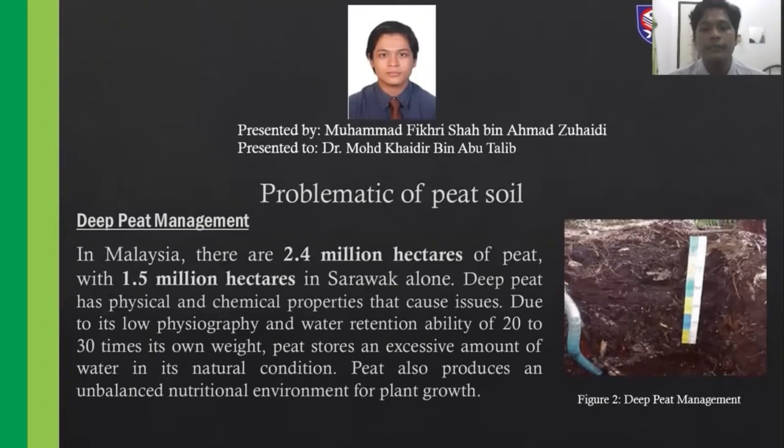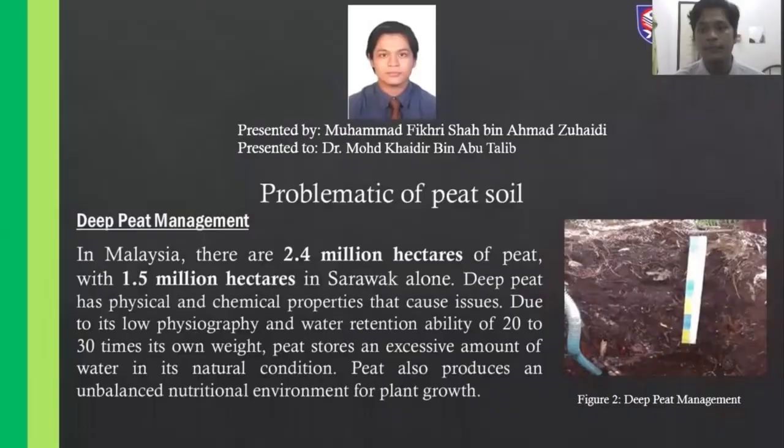Peat stores an excessive amount of water in its natural condition. It also produces an unbalanced nutritional environment for plant growth. This peat soil contains many problems, with low physiography and low water retention ability that can cause an excessive amount of water in its natural condition.